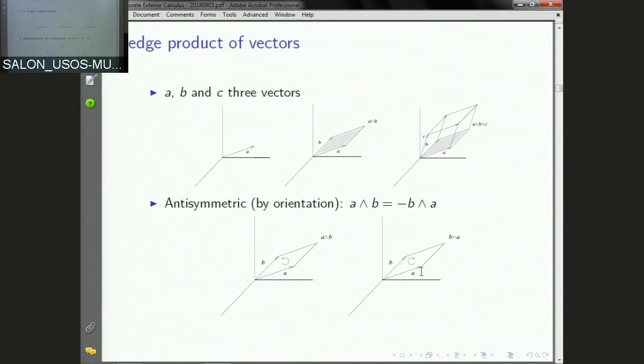That's a concept that we have all taken care of while studying calculus 4, or integration of functions of several variables. We have to take care of the orientation. So there is a difference in these two symbols, A wedge B and B wedge A. And it's captured by this minus, the difference in orientation.